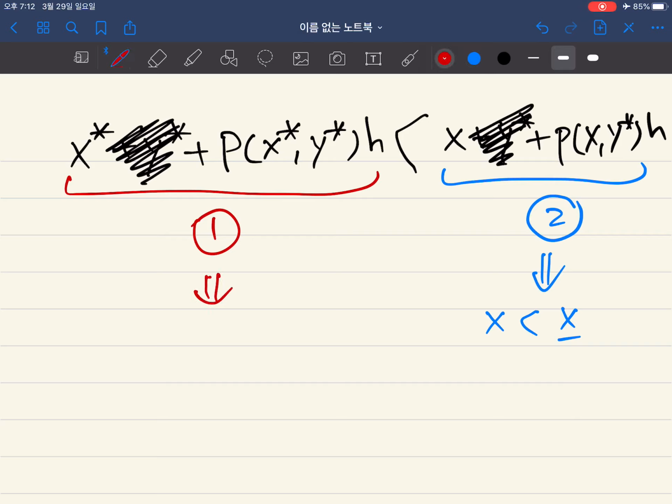And we can see that X star is less than this number 1 expression, right? Because this yellow term is a positive number. So from number 1 expression, you subtract the yellow expression, then you get a smaller number. So X star must be less than number 1.